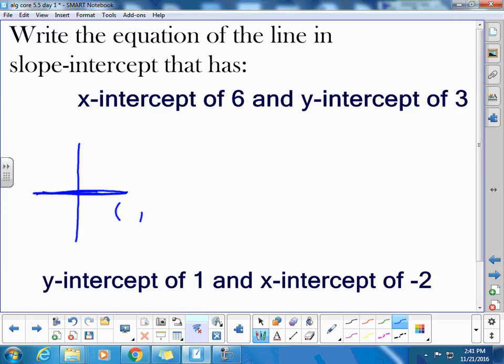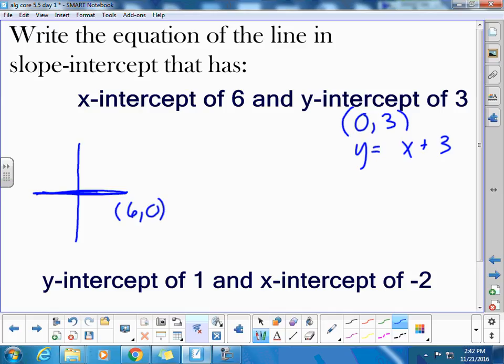So I'm going to have x-intercept of 6 and y of 0. And for y-intercept, x is 0, y is 3. So those are my 2 points. And remember I said this was y equals some kind of x plus 3, because that's my y-intercept. Well, I just need to find the slope.